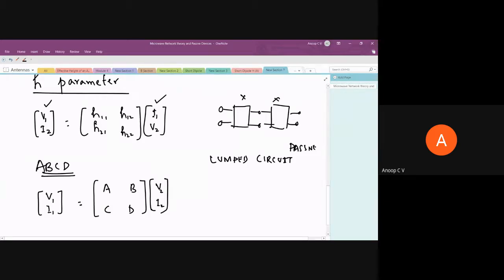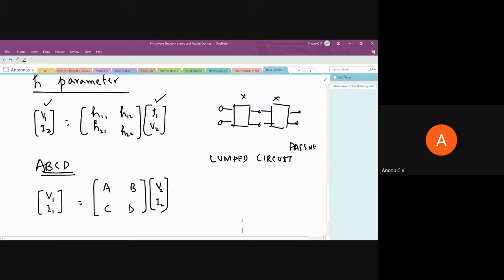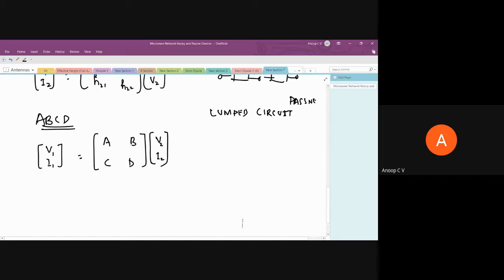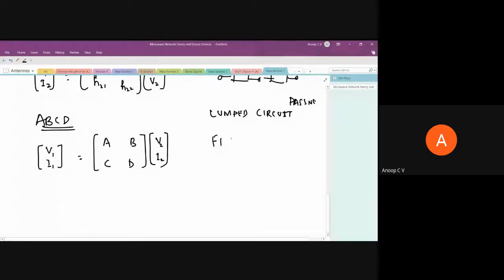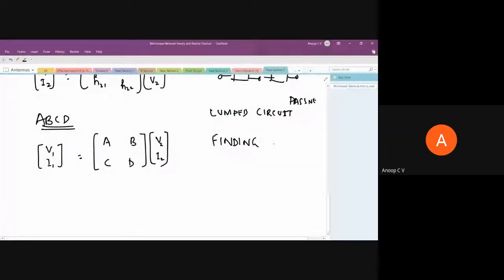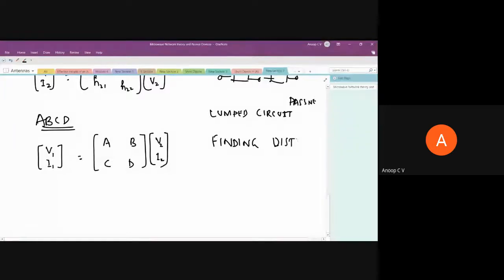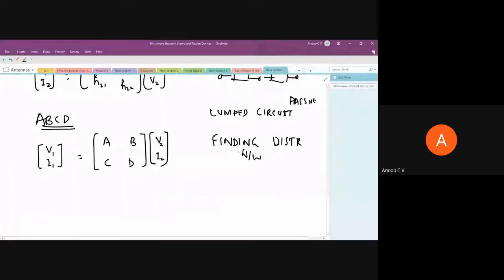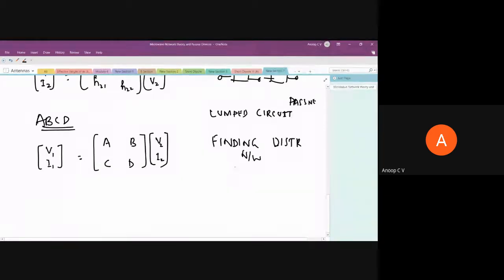But finding or defining these for a distributed network using this is difficult.